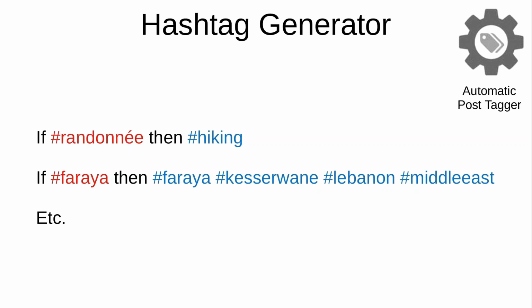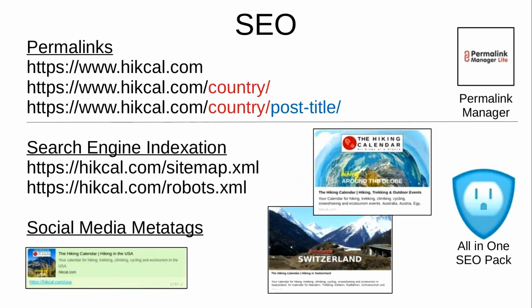The next plugins are in fact two plugins for one function, the SEO. For the SEO, we're using a plugin called Permalink Manager that will in fact just structure our website in order to be search engine friendly. So the homepage is hikcal.com, then we'll have /country, the name of the country, / the name of the country, / the post title.